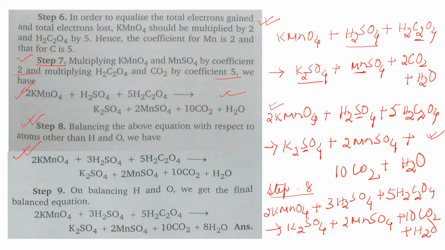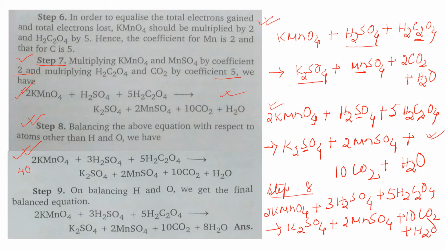Now you have to see in this equation which side is deficient of oxygen. Here it is having 8 oxygen, here it is having 12, 8 and 12, 20, 20 and 20, that means 40 oxygen on the left hand side.